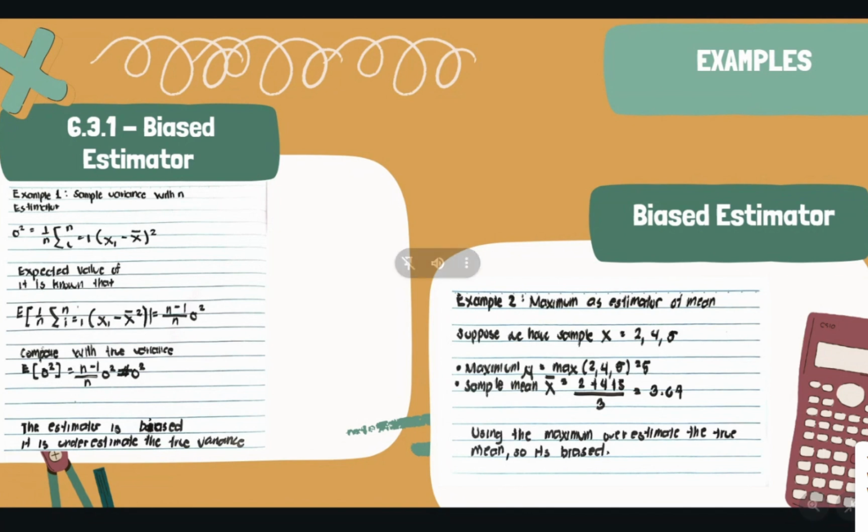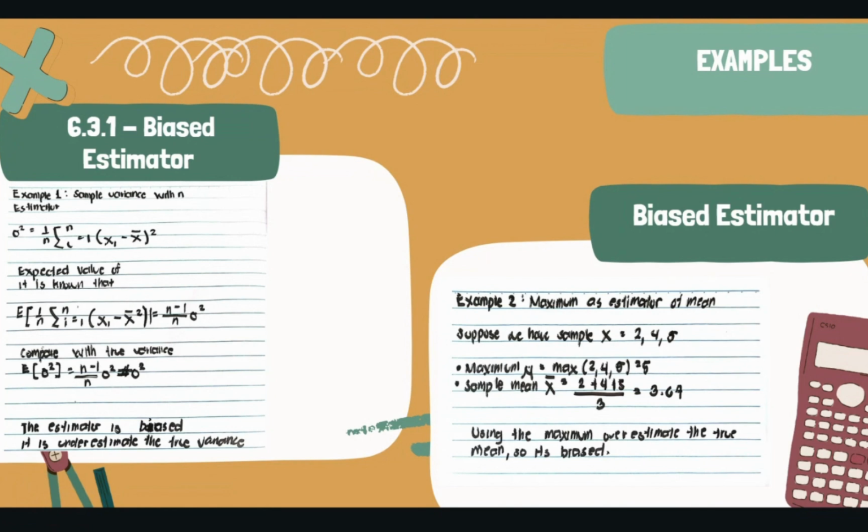The expected value of it is known to be n minus 1 over n times the true variance. Compared with the true variance, the expected value is n minus 1 over n times sigma squared. The estimator is biased because it underestimates the true variance.